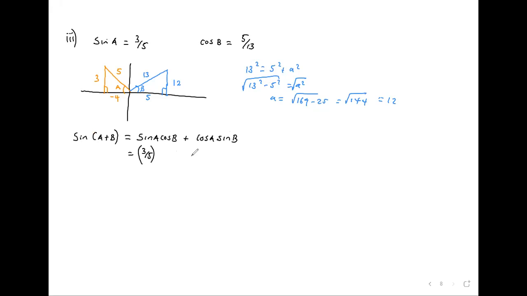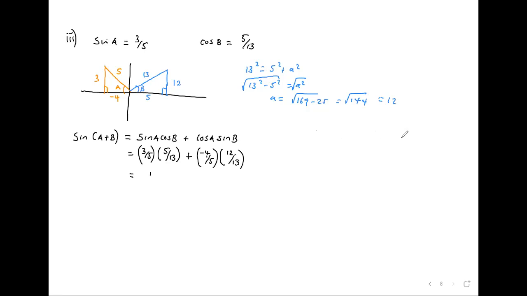Cos B is known, 5/13, plus cos A. So we get the triangle where A is and get the value of cos. Cos is adjacent over hypotenuse from A. In sine B, we get the triangle where there is B and get sine. Sine is opposite over hypotenuse.